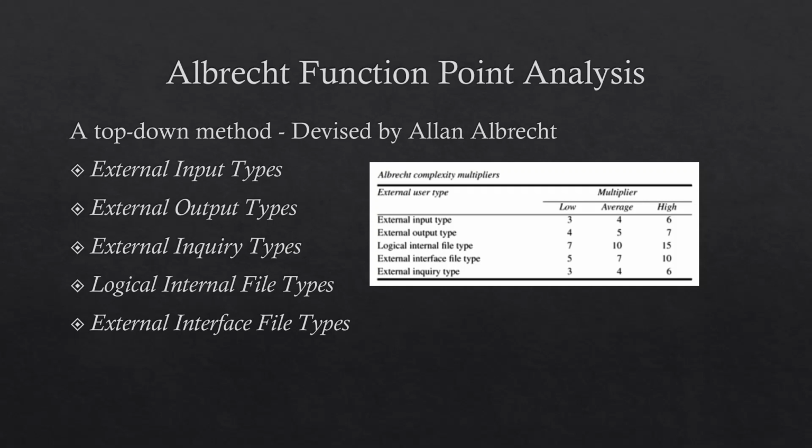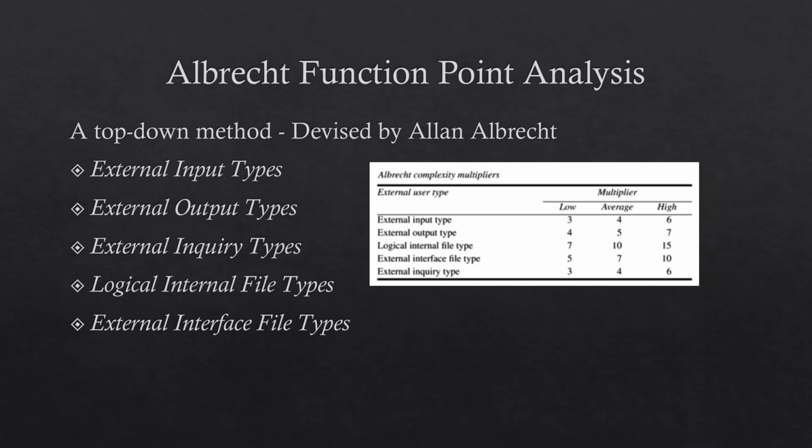Each component is then classified as having either low complexity, average complexity, or high complexity. The count of each external user type in each complexity band is multiplied by specified weights.